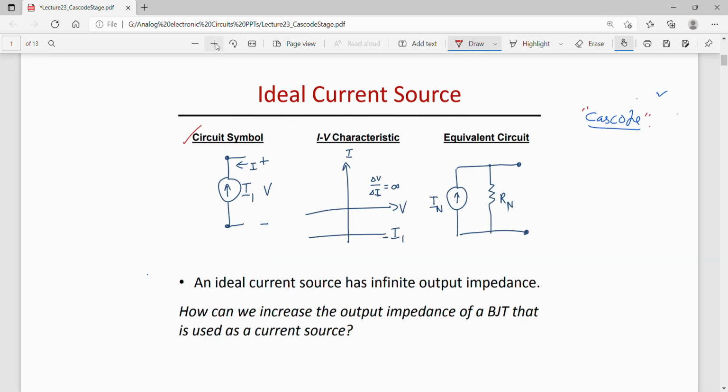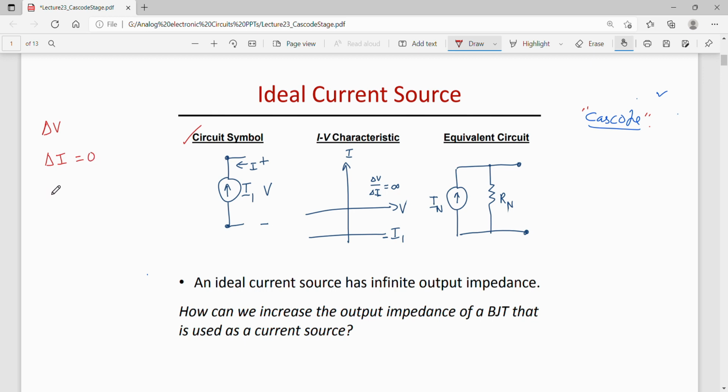So constant current even when there is a change in voltage of the source. For example, let us say that delta V is the change in voltage of the source, and corresponding to this delta V change in the voltage at the source, the current change should be equal to 0.